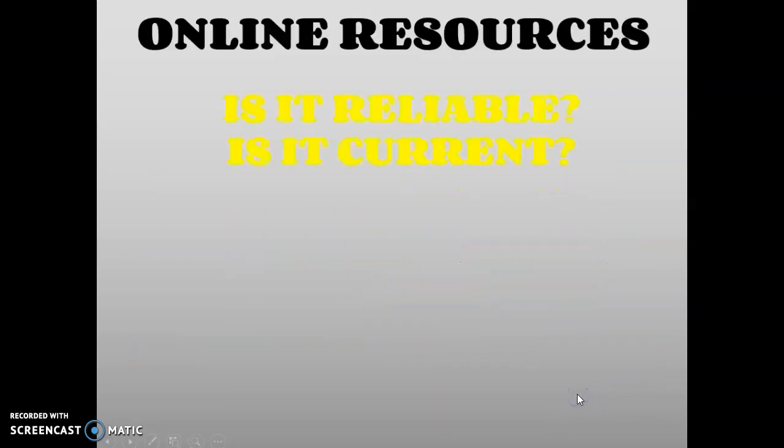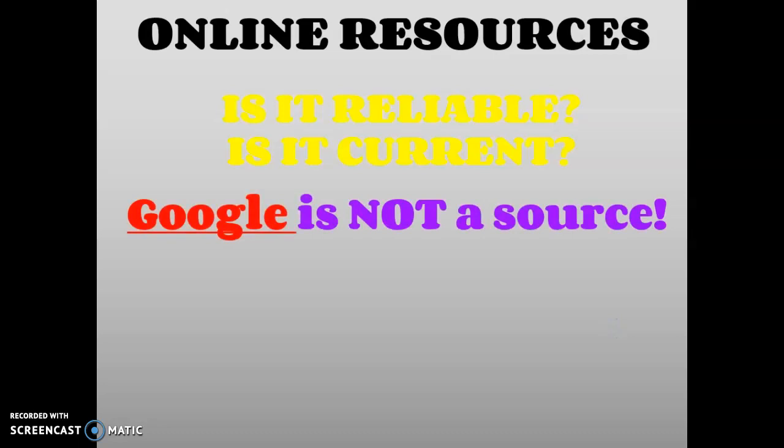Okay? Online resources. Again, since you're using a lot of resources on your Chromebook, is it reliable and is it current? If no is the answer to either one of those, you shouldn't use that resource. When you did the very first project in here, I made a comment that when you put in your sources, some of you, your URLs said Google slash something, something, something.